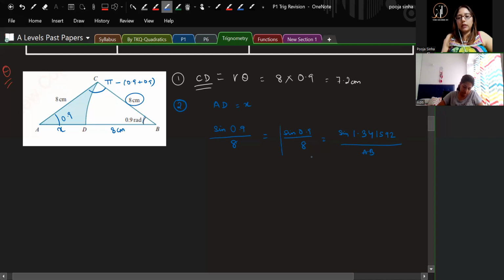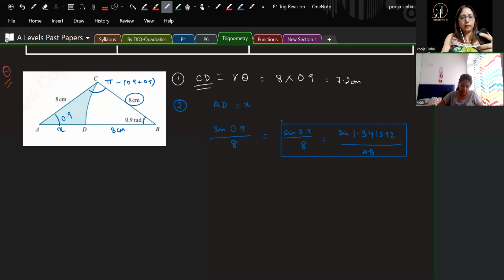So I can take this ratio and figure out 1.1592 into 8 divided by sine 0.9. Just give me a moment, I'll use the calculator.